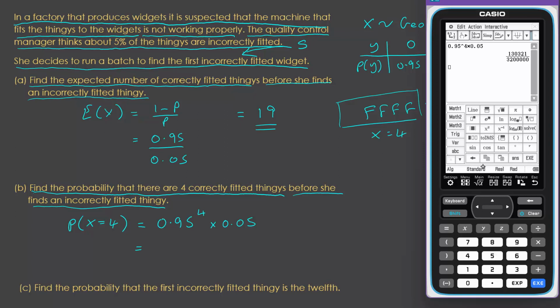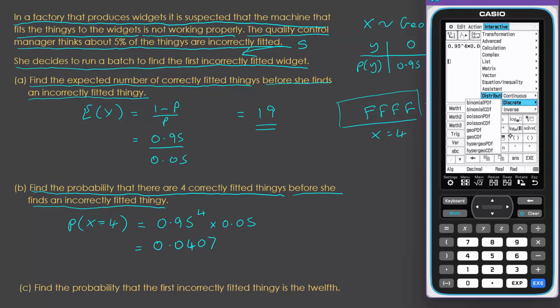And that gives me, probably better off in decimal, 0.0407. Now I said the ClassPad can do this, and indeed it can. If I go to interactive discrete distribution, you'll see Geo is here, and in this case single value, so we're after a PDF.